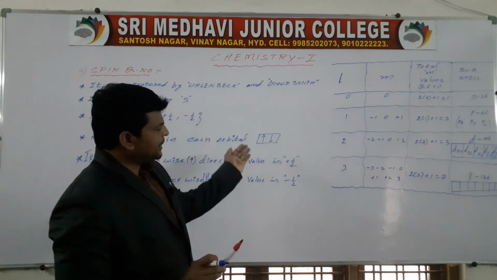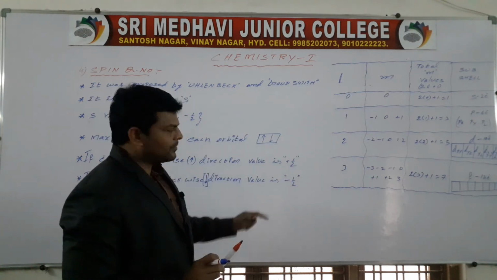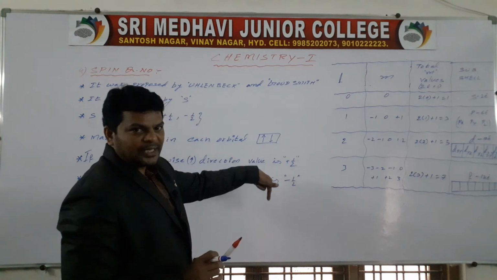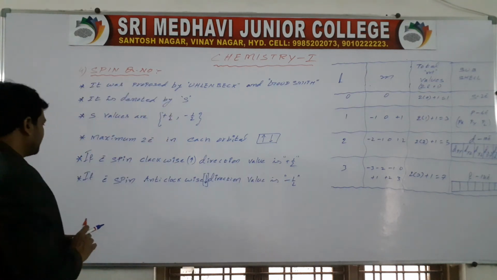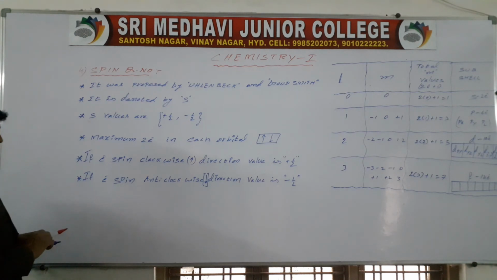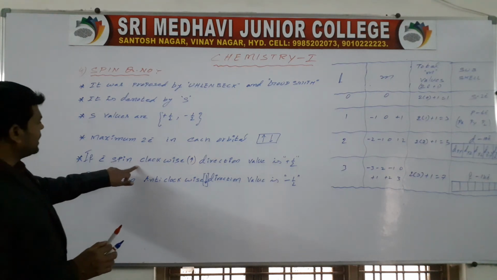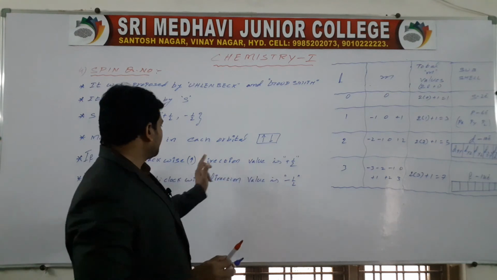Here the upward direction means clockwise direction, the value is plus half. Here the downward direction means anti-clockwise direction, so the value is minus half. Now the significance: a maximum of 2 electrons can be accommodated in each orbital.